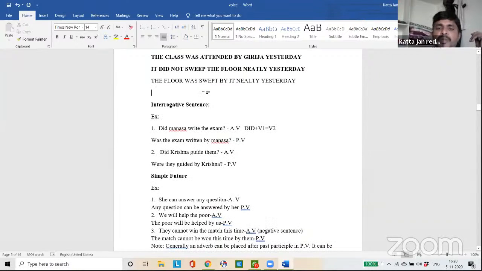Changing active voice into passive voice directly cannot be asked in the examination. But in the examination, it can be asked like this. Let's see.